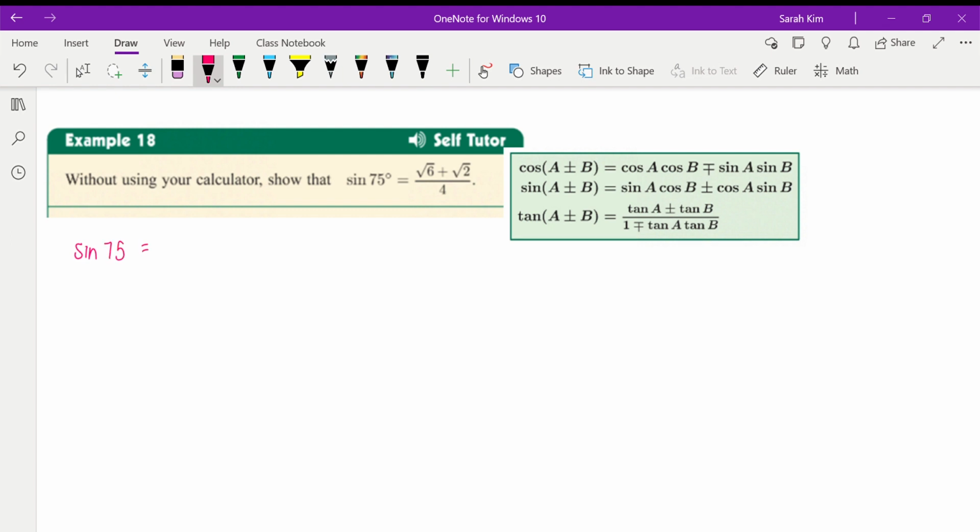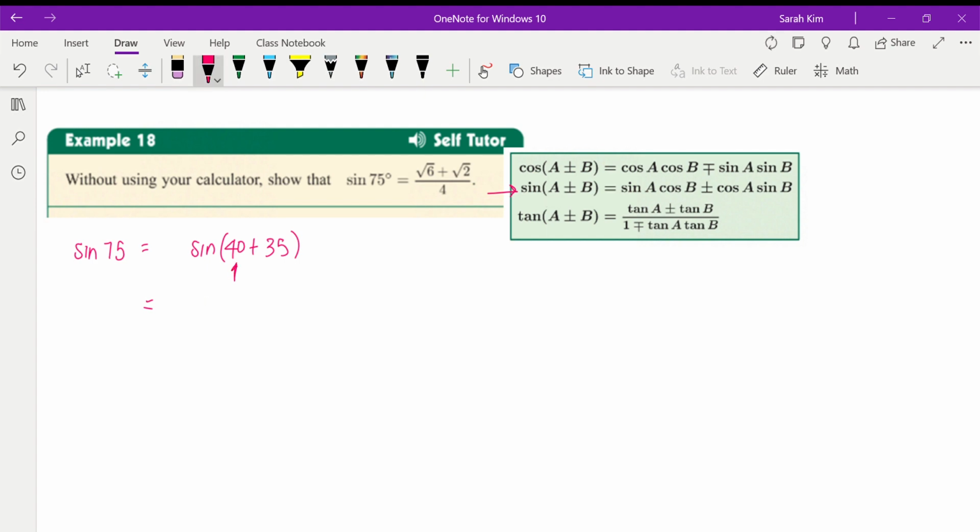Why don't we split it off into different angles. So sine 75, I could probably write it as sine of 40 plus 35. Now if I use that analogy, I should be able to use that formula.